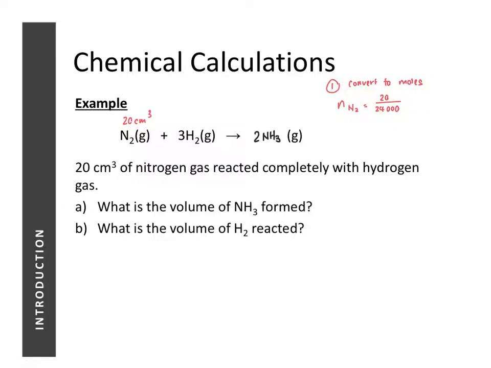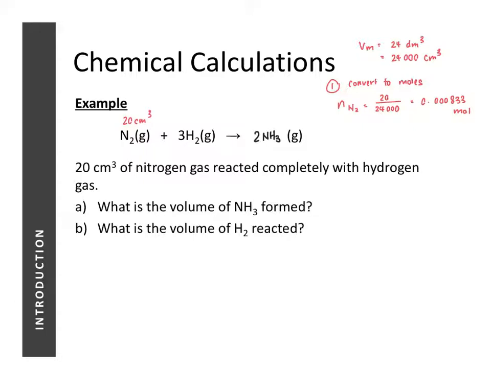If you can recall, the molar volume of any gas is 24 dm³, and to convert dm³ into cm³ is equivalent to 24,000 cm³. Okay, so that will allow us to find that the number of moles of nitrogen is this.